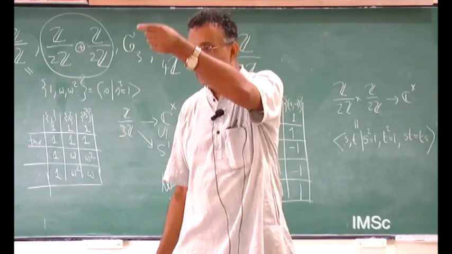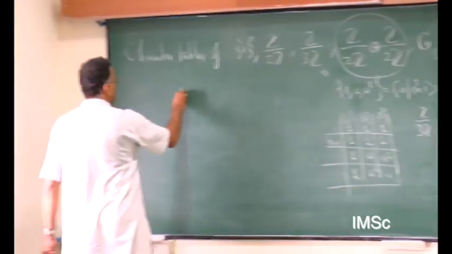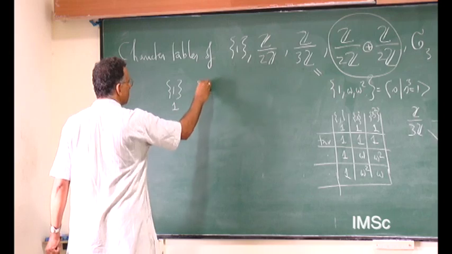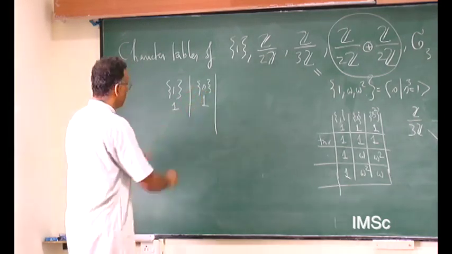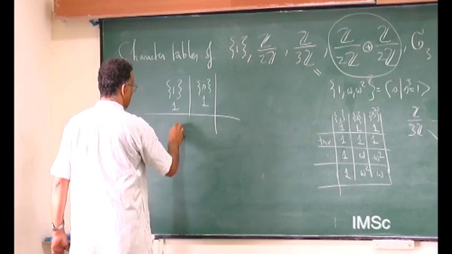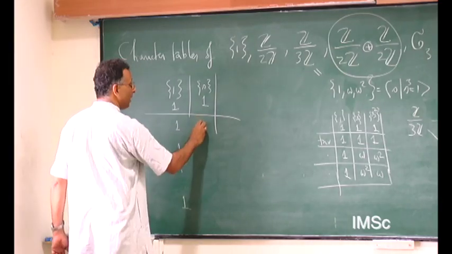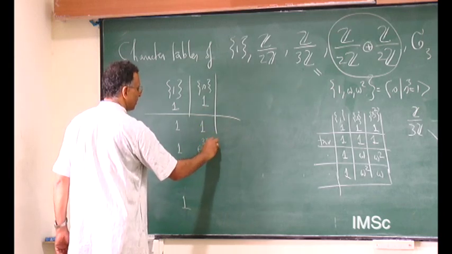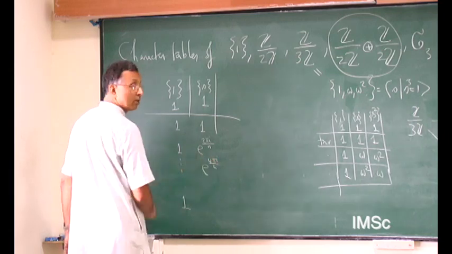So you choose that. If I write my first column as this and the second column as this, where this I think of as the generator, here it will be 1, 1, 1, 1, 1, 1, and here it will be 1, e to the 2 pi i over n, e to the 4 pi i over n, and so on.